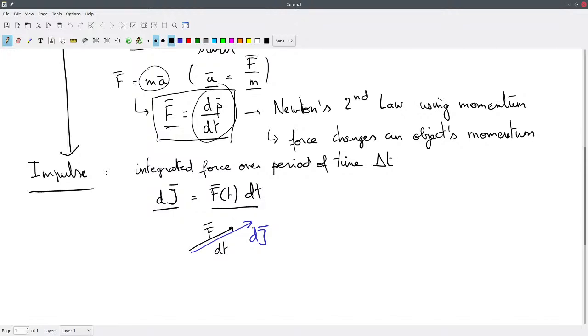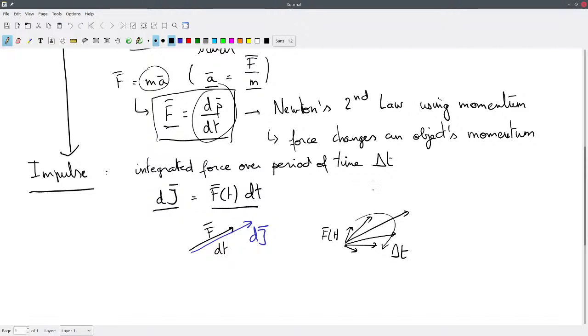Now, the interesting thing will happen when we integrate this over time. So let's say we have a force that changes direction, so the force first points in this direction, and maybe it changes direction and becomes larger, and then it becomes smaller again as it continues changing direction. So let's say that the force changes like this as a function of time, and this is the time interval delta t over which this happens.